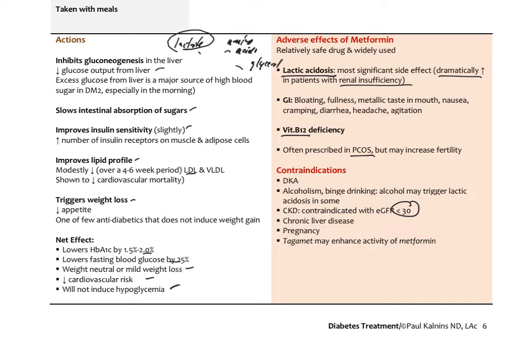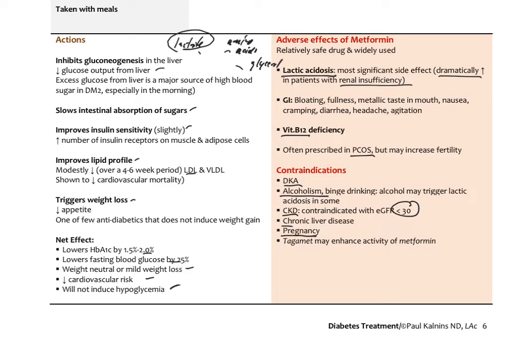It's absolutely contraindicated in diabetic ketoacidosis, in chronic alcoholism. So if your patient has an alcohol problem, they can't take metformin because the binge drinking may actually trigger lactic acidosis more commonly. It's also contraindicated in chronic kidney disease with a GFR under 30, chronic liver disease and cirrhosis, and in pregnancy.